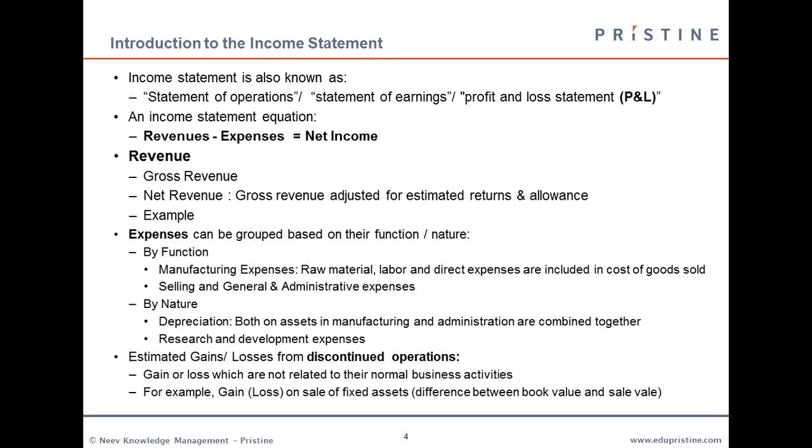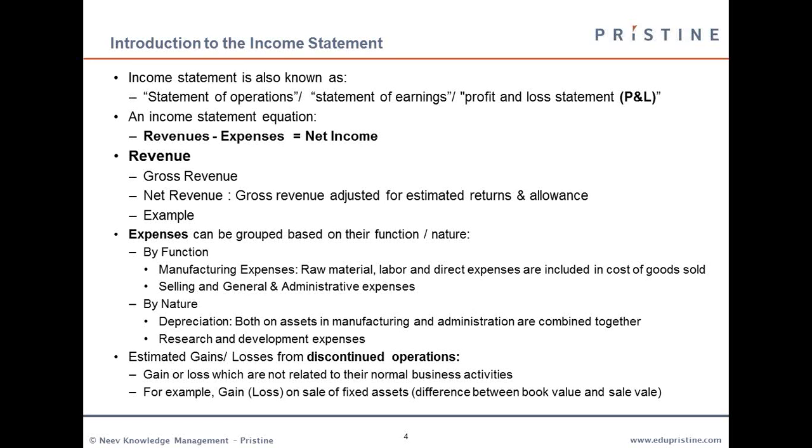However, in the net revenue reporting system, he'll simply report 1,000 as his revenue, no expenses, and the net income or profit is again 1,000. So in net revenue, basically we net off, we remove the extra things that are there.